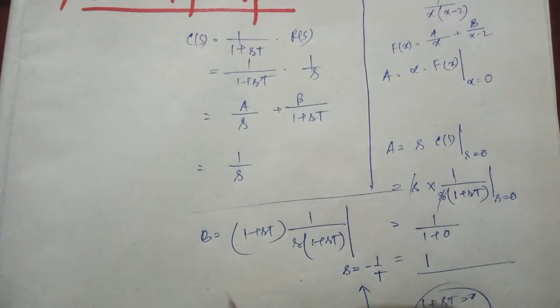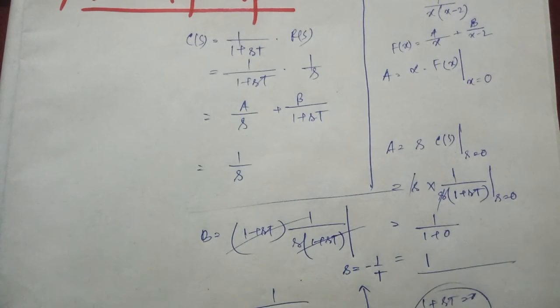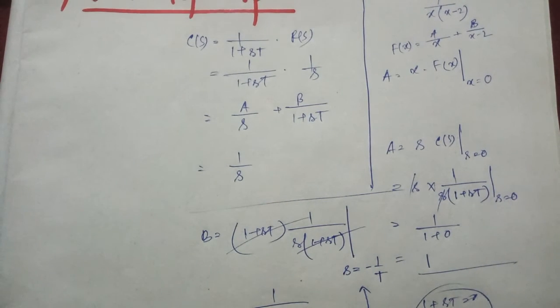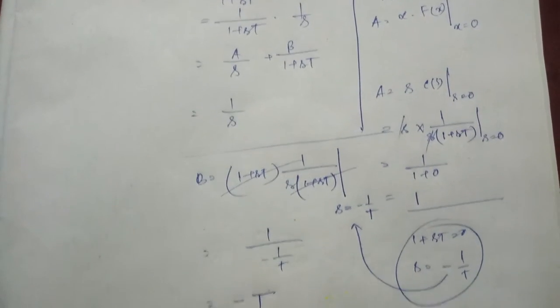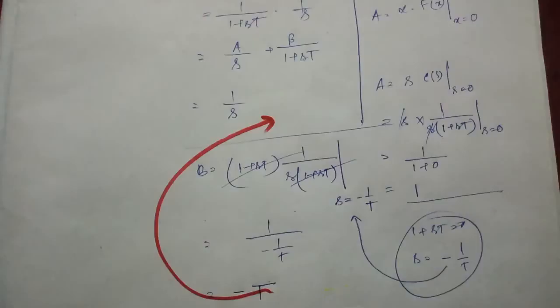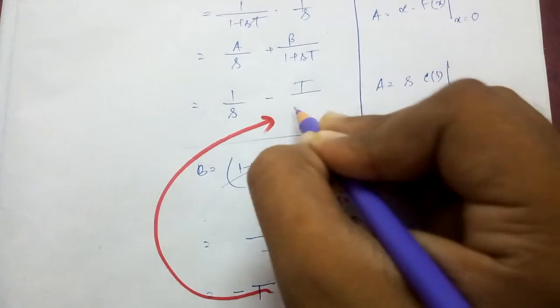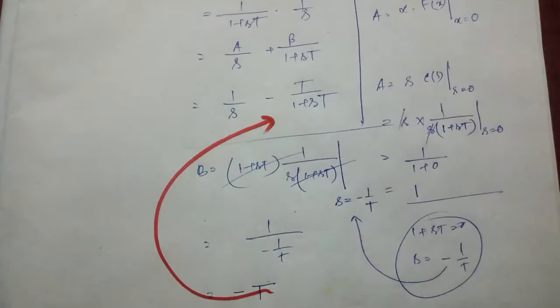Putting the value here, this will be cancelled out, 1/(minus 1/T) is equal to minus T. So we put this T here, and as it is minus T, it will be minus T/(1+sT).